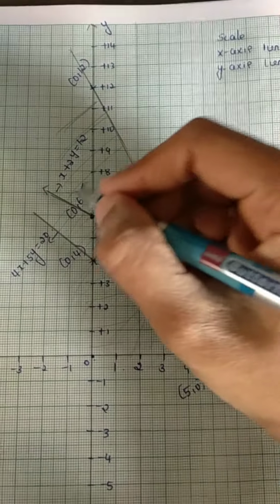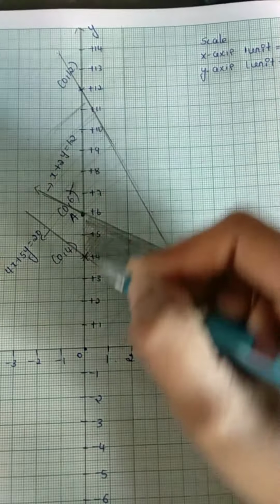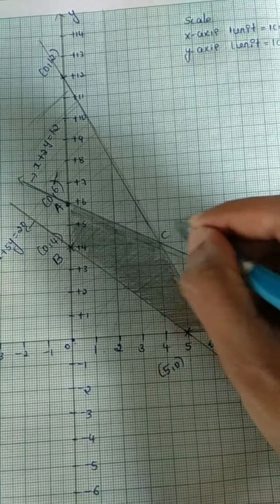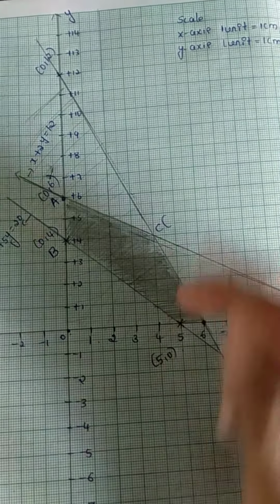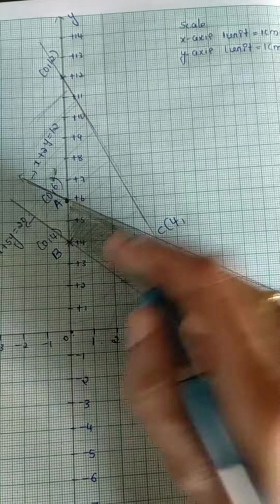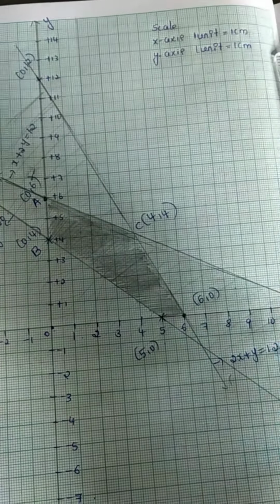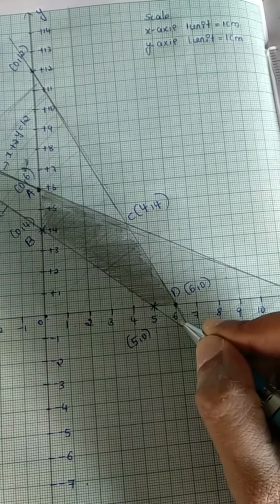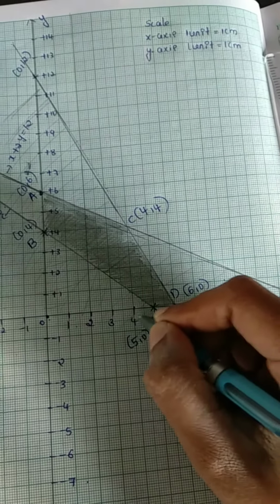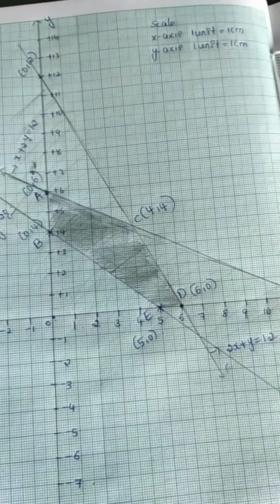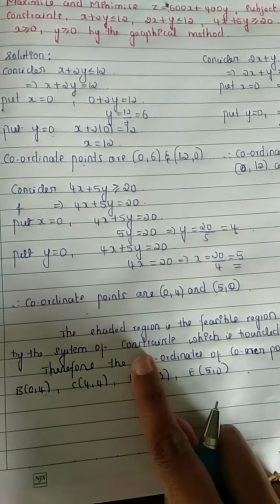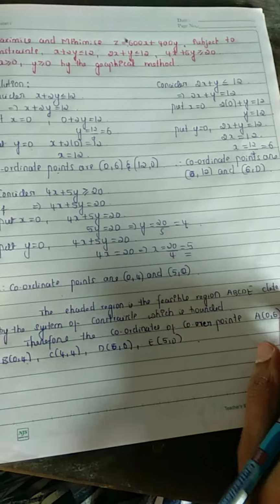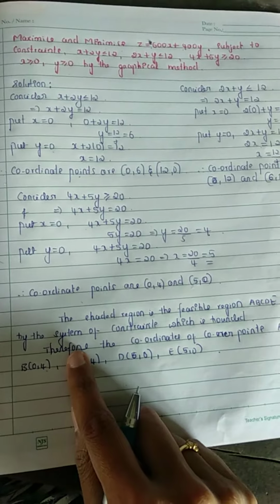Now mark the corner points: A of 0, 6, B of 0, 4 and C of 4, 4, and D of 6, 0 and E of 5, 0. Therefore, the shaded region is the feasible region A, B, C, D, E determined by the system of constraints, which is bounded.